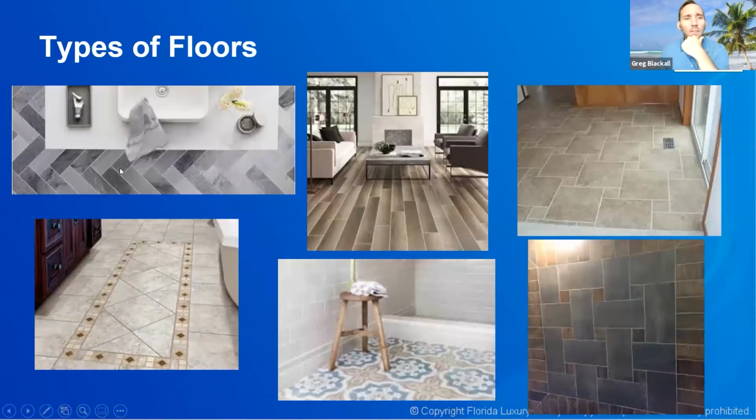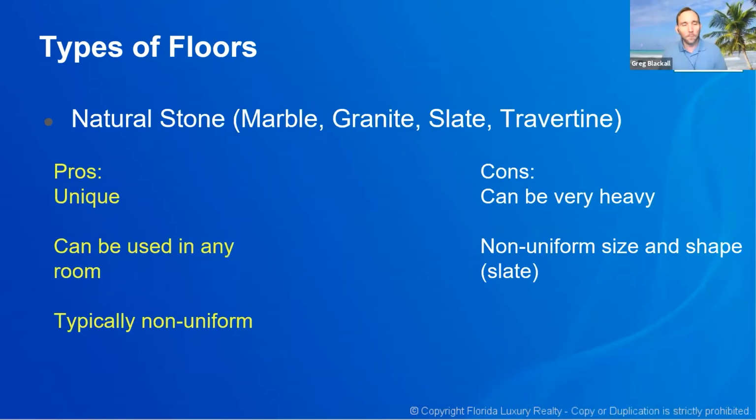They can also, like this one, be laid at an angle rather than laid straight. So you'll notice that you get kind of a dimensional feel to a room. There are some really cool things that you can do with tile to allow for a different look or a different feel than you could accomplish with some of the other types of flooring.